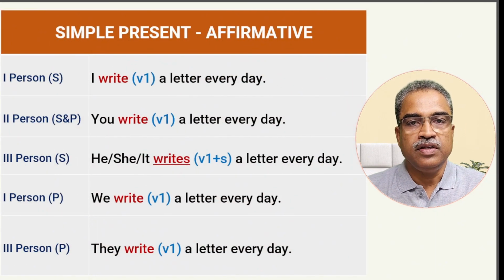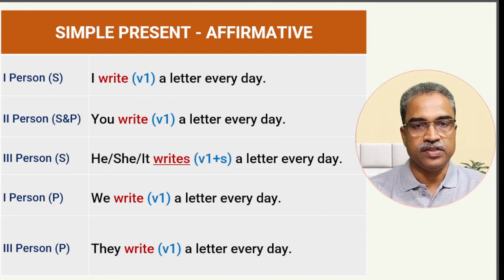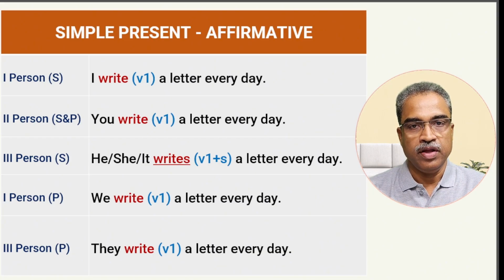Yes, now here we come to the main part, the tense that we are going to learn. We are starting with simple present tense. Let me just tell you, and I am sure that most of you know, that tenses could be broadly divided into three: present tense, past tense, and future tense.